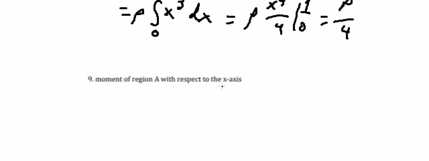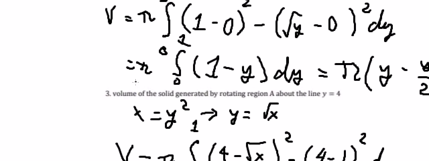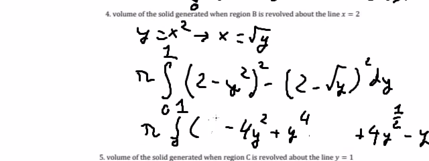The next one, that's about the centroid with the region A. So the formula, that's about m of s. We have 1 over 2 p, the integral from 0 to 1. So this one we get y equals the square root of s above this one.